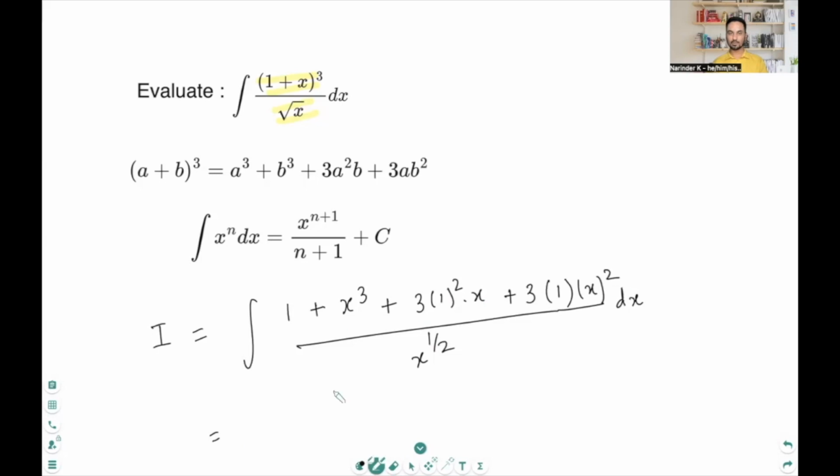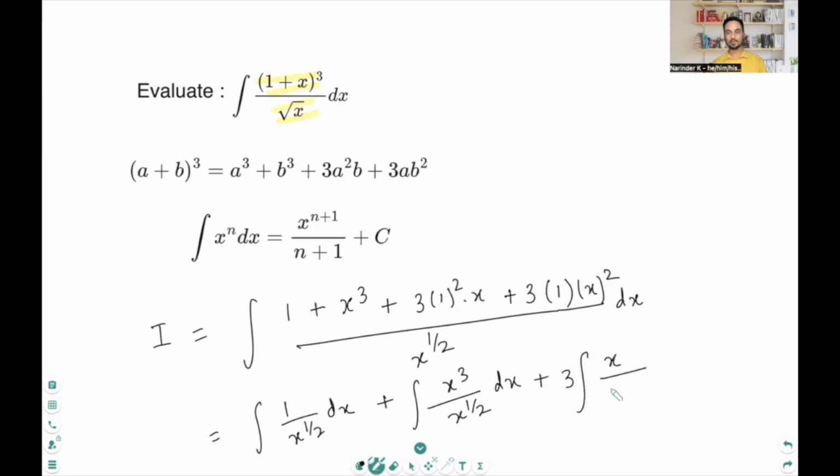Now, if we split all the terms, we'll get integral of 1 over square root x dx plus x cubed divided by x raised to the power half dx plus 3 times integral of x divided by x raised to the power half plus 3 times x squared divided by x to the power half dx.